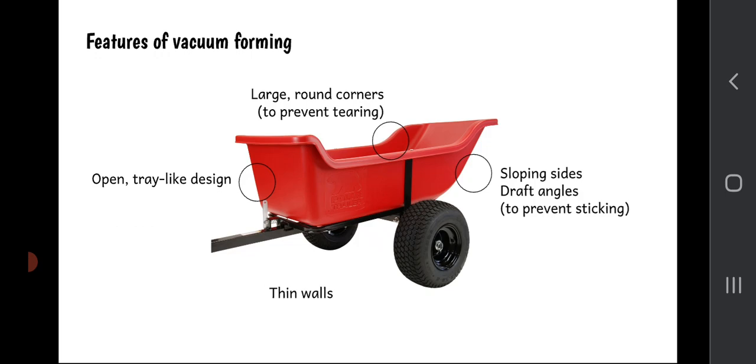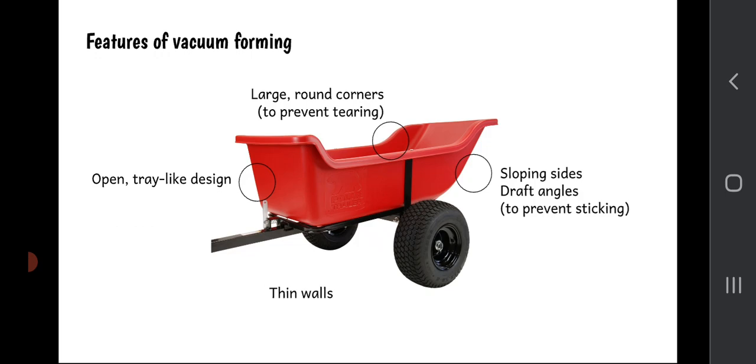How can we tell something's been vacuum formed? Here are the features on this red thing right here. So pretty much anything that's ever been vacuum formed is an open shape. It looks like a tray of some description. There are large rounded corners everywhere. You will hardly find a sharp corner on anything that's been vacuum formed because the sharp corners tend to tear the plastic.